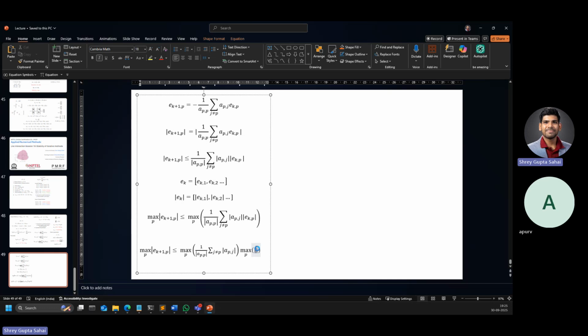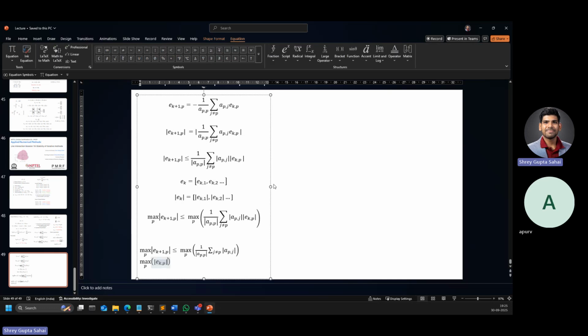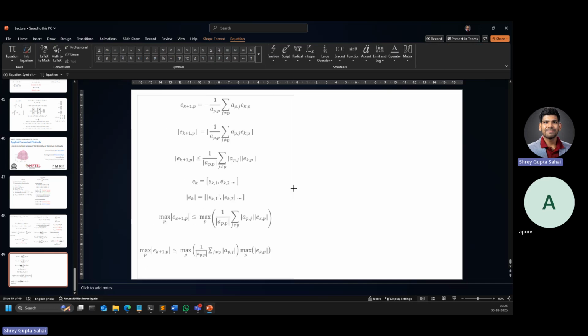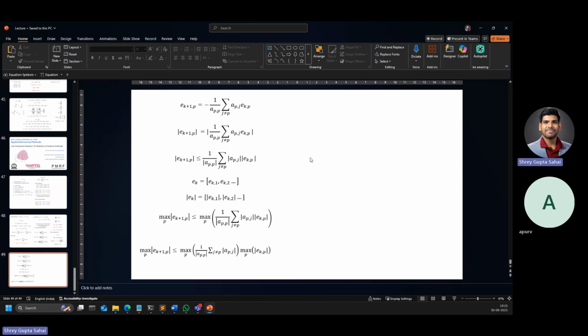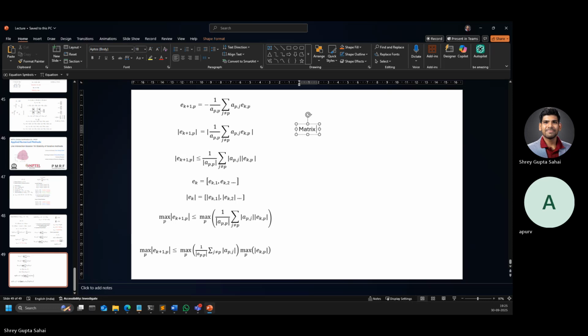Actually, I didn't want to introduce this. See, this entire proof comes from the notion of the matrix norm induced by a vector norm. This is something which you can actually read about.